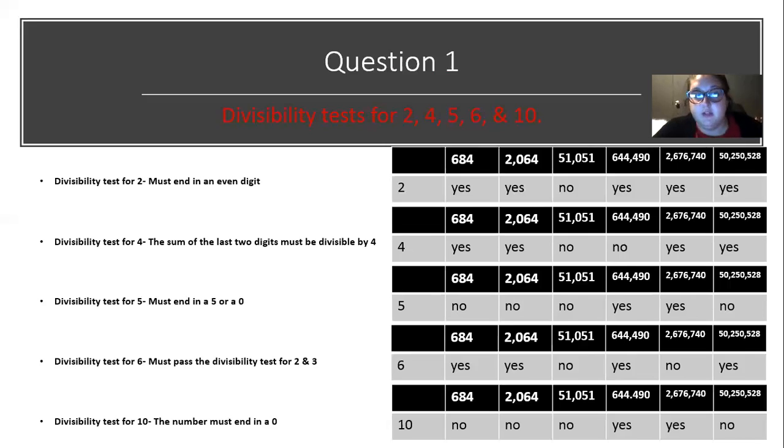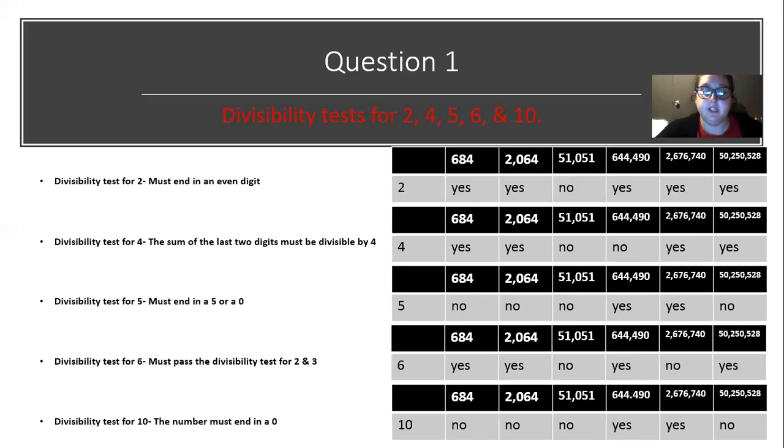But if we look up the divisibility test for 2, it passed that one, so it must not have passed the divisibility test for 3. Moving on to 50,250,528, it also passes this one, and if we see up top, it passed the divisibility test for 2, and for it to be a yes, it must have also passed the divisibility test for 3.